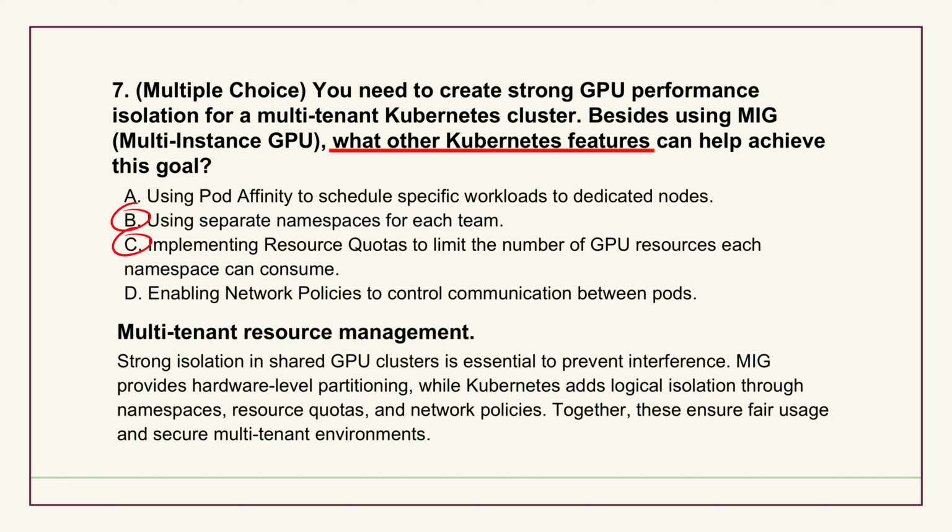This is vital. Stops one tenant from hogging all the GPUs, prevents those noisy neighbor problems. Okay. And third, enabling network policies to control communication between pods is also crucial. It isolates network traffic so one tenant's busy network activity doesn't mess up another's performance or create security risks. It's really about managing the whole environment, not just the GPU itself, to ensure everyone gets fair and predictable resources.